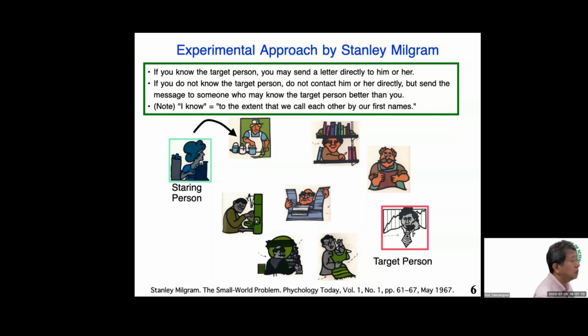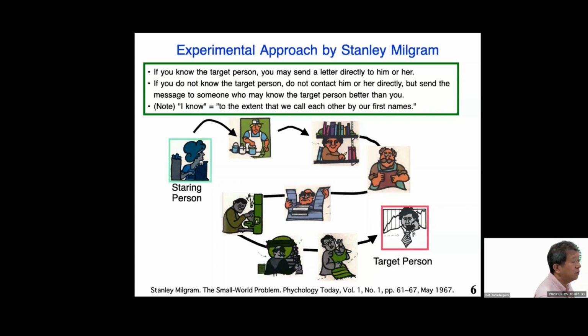The next person to whom the letter is sent will respond in the same way. That is, if you know the target person, you can send a letter directly to the target person. But if you do not know the target person directly, you send the letter to someone who seems to know the target person better than you do.